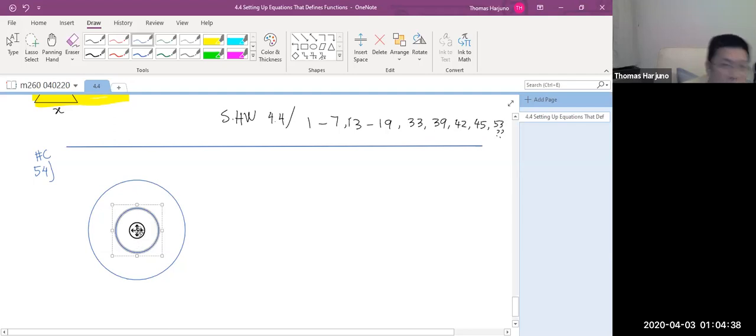What it says is that we have two concentric circles, meaning they have the same center.